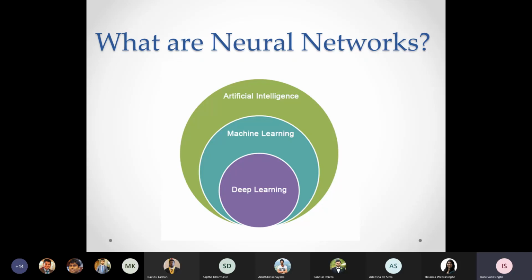Machine learning is a subcategory of artificial intelligence, which simply means we try to mimic human thinking patterns through computers. Within artificial intelligence, we have machine learning, and deep learning is a subcategory of machine learning. Neural networks belong to deep learning.